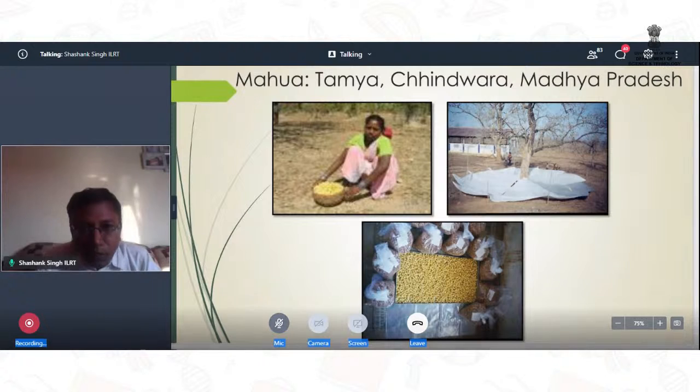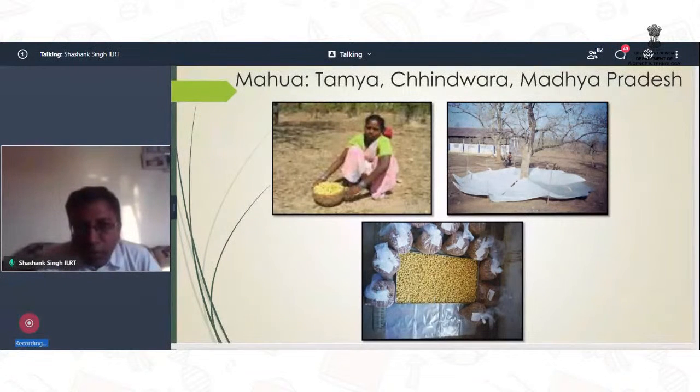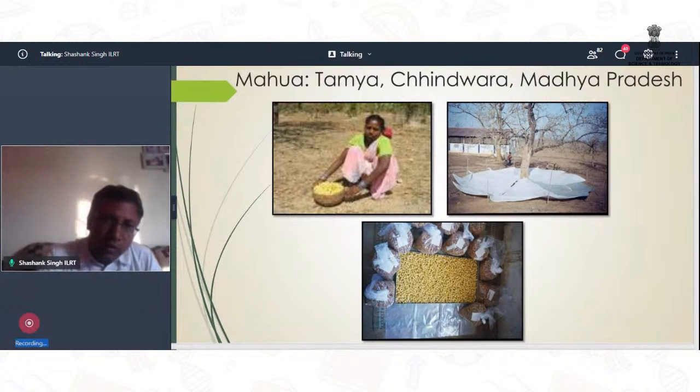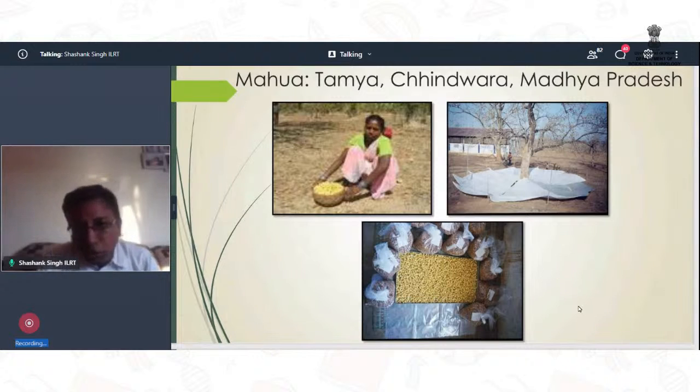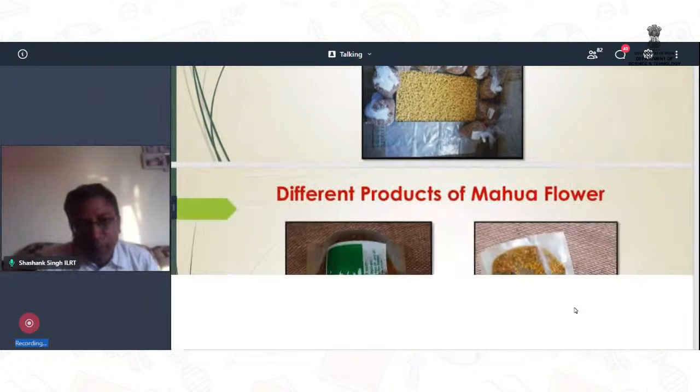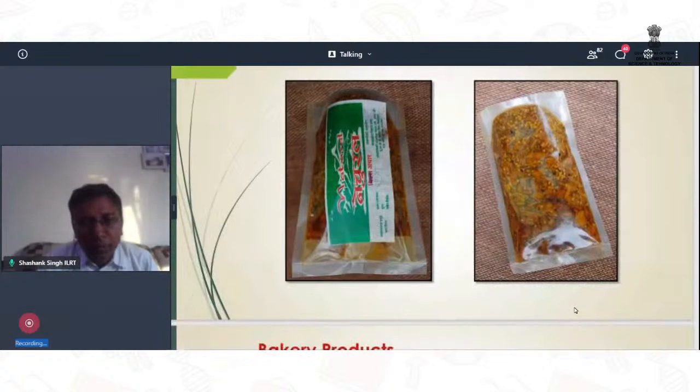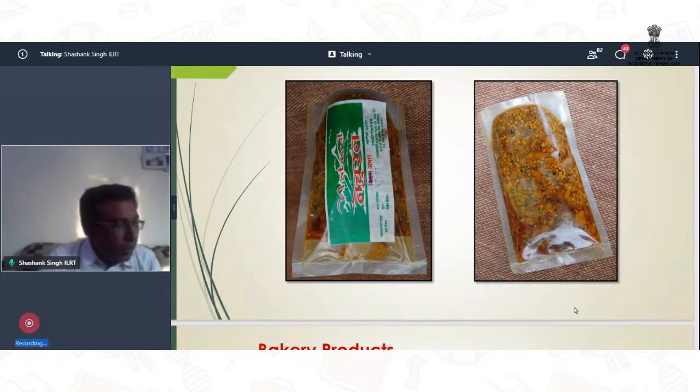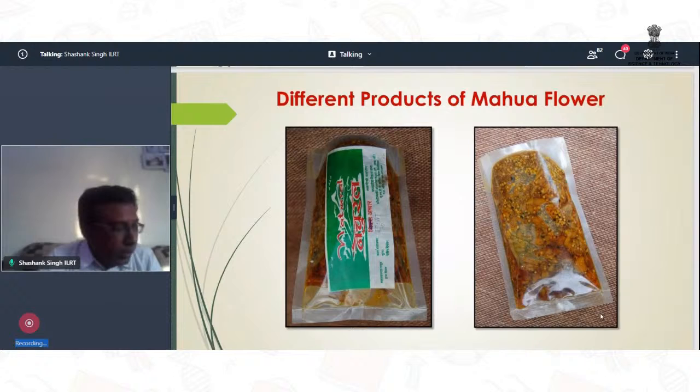Similar to the bale, they did the work on Mahua in Tamia block of Chhindwara district in Madhya Pradesh. They trained the tribals for sustainable harvesting, and at the same time they created some new products out of Mahua. Next slide, please. These are not the routine products actually.